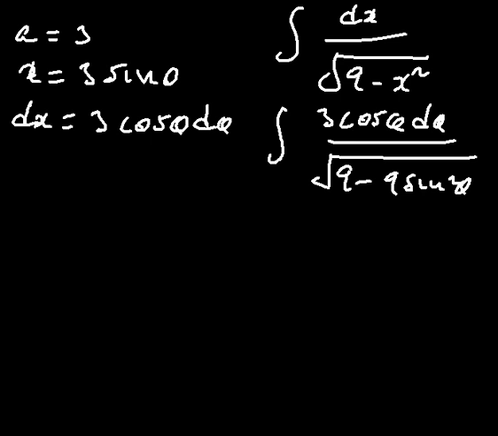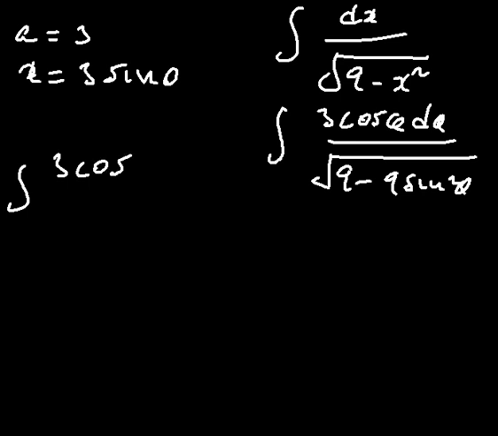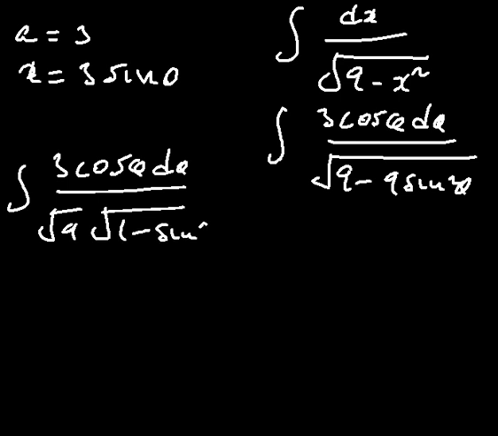Using the Pythagorean trigonometric identity, we have the integral of 3 cos theta d theta over the square root of 9 times 1 minus sin square theta, which is the same as cos square theta.